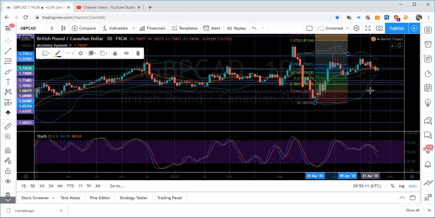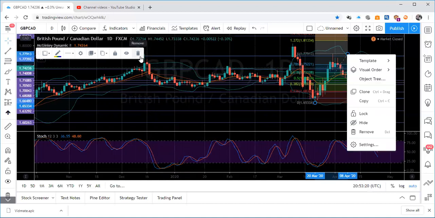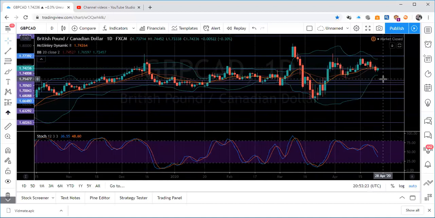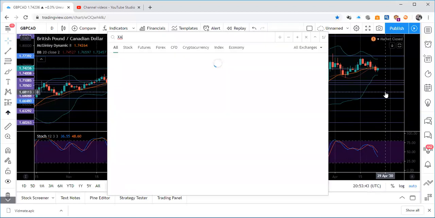But basically, first of all, let's see price get to these lows at 1.7110 area, and subsequently, based on price action, see price getting to the 1.6810 area.